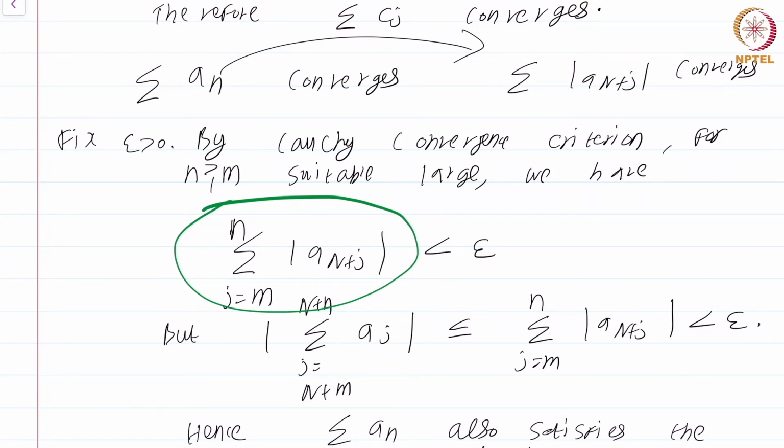This is amplified in the Cauchy convergence criterion, where all you are required to show is that summation j equals m to n of aj is less than epsilon for suitably large m and n. Therefore, modifying the first few terms of a series is not going to affect its convergence behavior, and we have seen this more rigorously when I proved this in detail by considering the series summation Cj and comparing it with the original series.